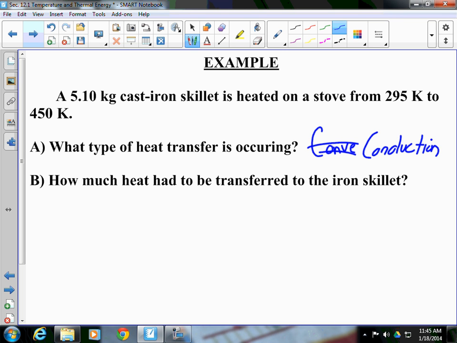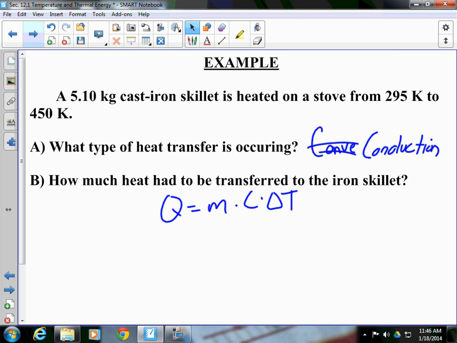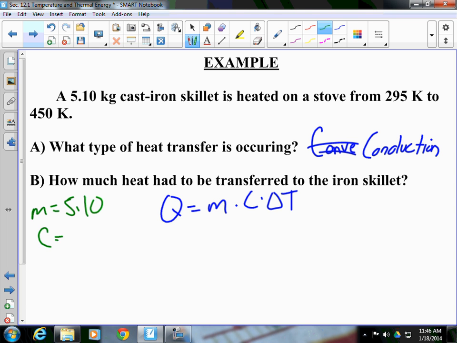Next up, B: how much heat had to be transferred to the iron skillet? We're looking for Q. Remember, Q is equal to M times C times change in T. We are given the M value: M is 5.10 kilograms. C, the specific heat, is for iron. If we look on page 318 in our book, the specific heat of iron is 450.